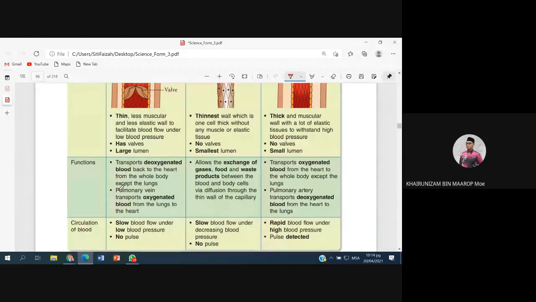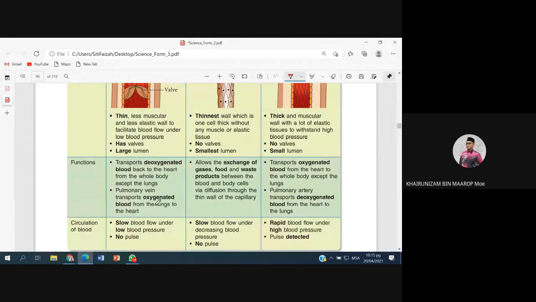And then the function of the vein. The function of the vein is to transport deoxygenated blood back to the heart from the whole body, except the lungs, because the lungs receive the deoxygenated blood from the heart. Then gas exchange occurs in our lungs, and the oxygen diffuses to the blood.